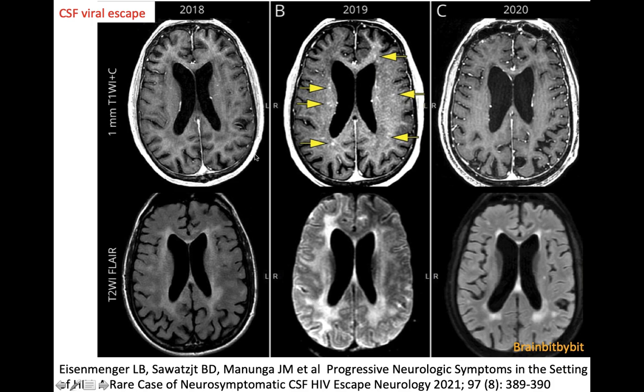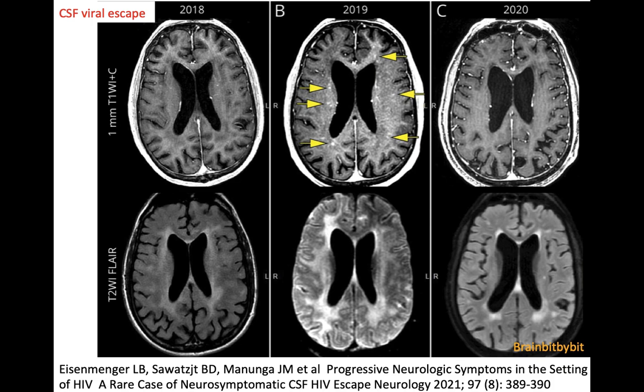This patient had classical HIV encephalopathy in 2018. In 2019, there was cognitive decline with worsening of the white matter hyperintensities. But you can also see that there is perivascular enhancement, which is not typical of HIV encephalopathy.